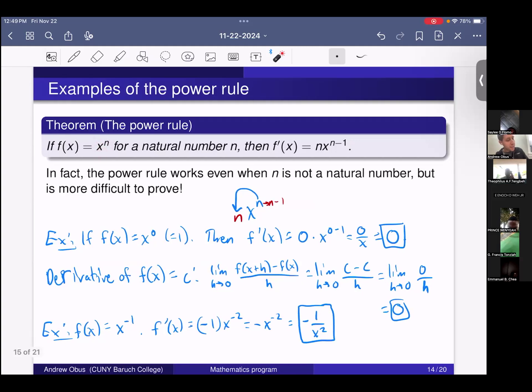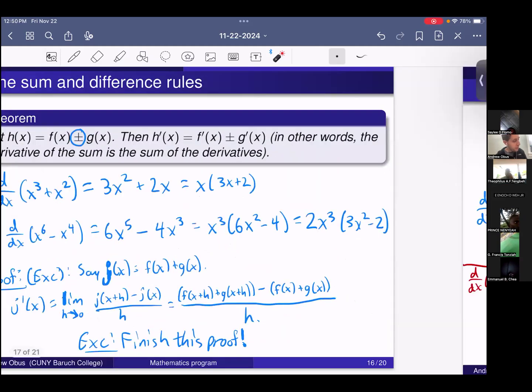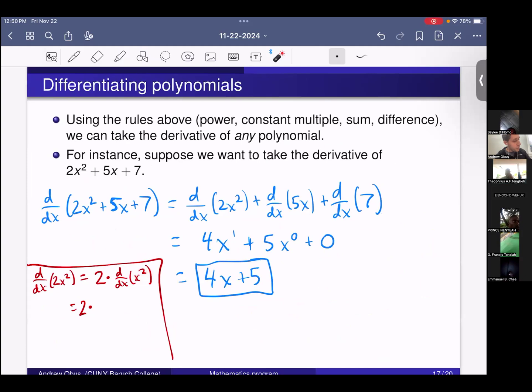So the derivative of x to the n becomes n times x to the n minus 1. This is true for any number n. So going back to our example, the derivative of x squared is going to be, well, we pull down the 2, so we get another 2, and then we decrease the exponent by 1. So instead of x to the 2, we get x to the 1.